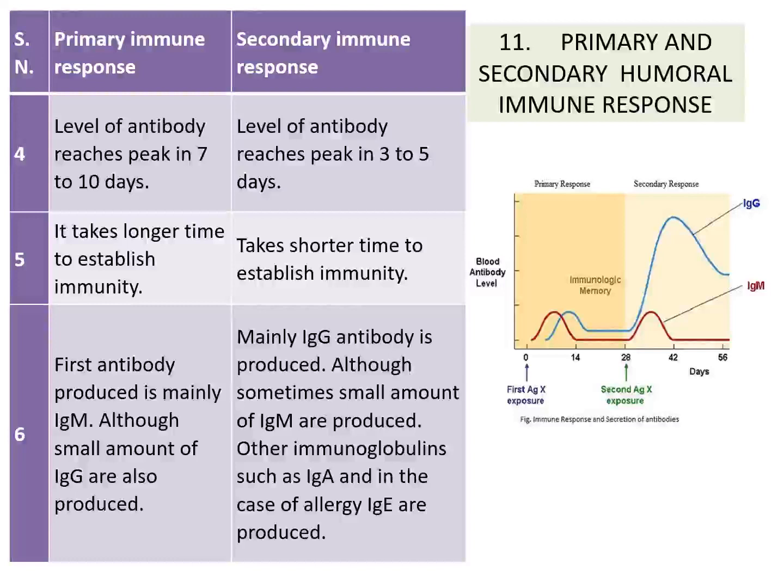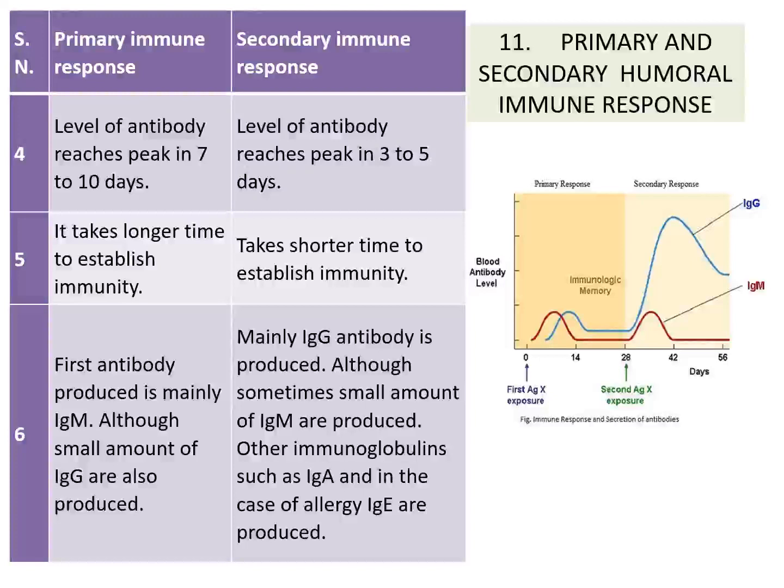Whereas in secondary immune response, mainly IgG antibody is produced, although sometimes a small amount of IgM is also produced. So see here, in secondary immune response, IgG is depicted in the blue color. A very high level of IgG is produced, whereas IgM is produced in small amount.